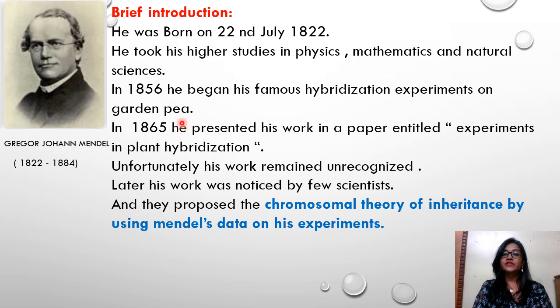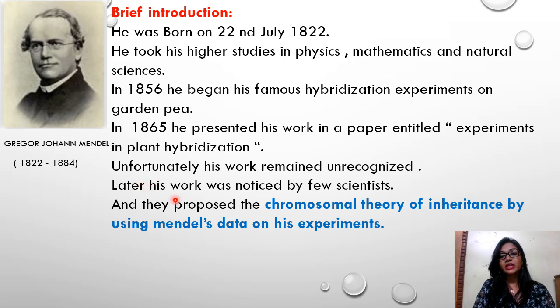I have shown the slide of what the garden pea plant looks like, and the seven traits that he studied in his hybridization experiments. In 1865 he presented his work in a paper entitled Experiments in Plant Hybridization. Unfortunately his work remained unrecognized.